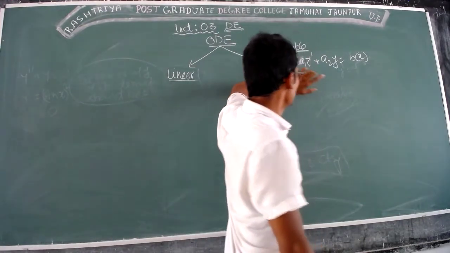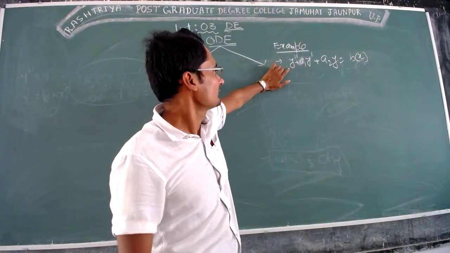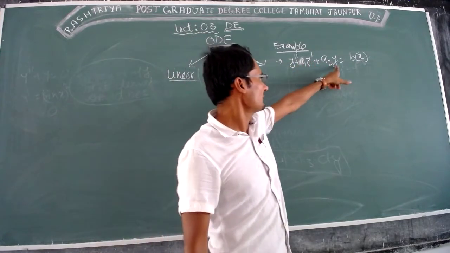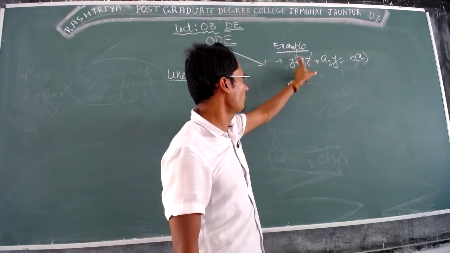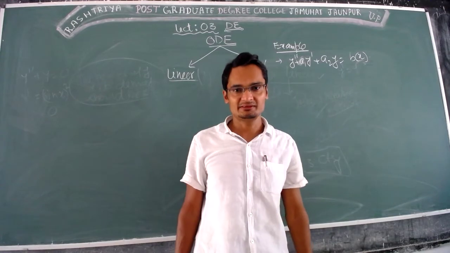The power of y is 1, y dash is 1, y double dash also 1, so this is a linear differential equation.